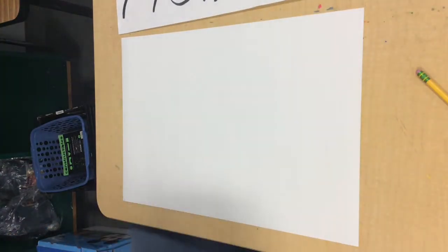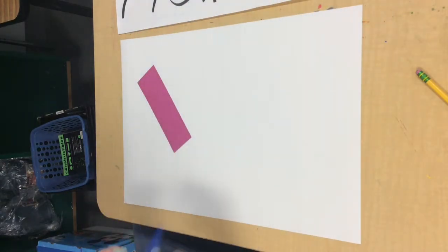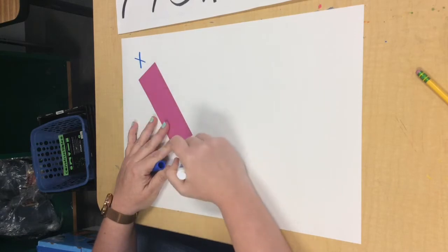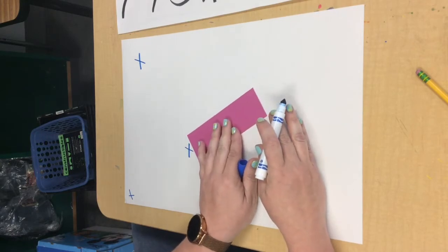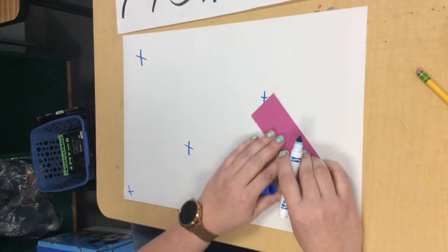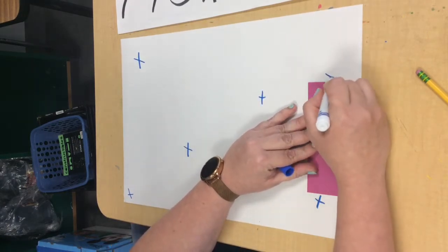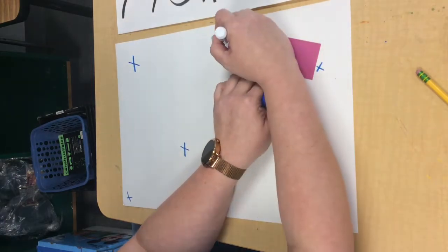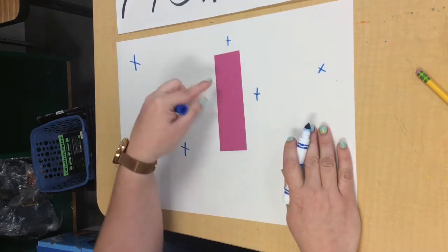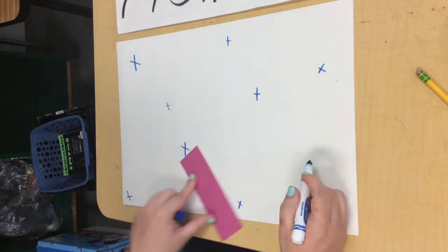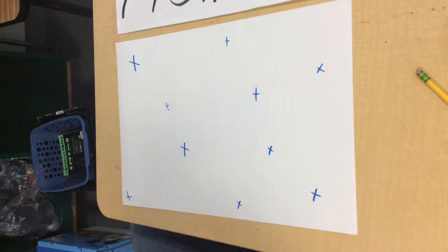So I'm going to pick a color, and I'm going to use my paper here to help me distance things out. 2, 3, 4, 5, 6, 7, 8, 9, and 10. Good job. So we've got 10 X's.